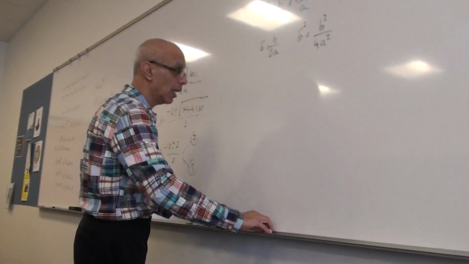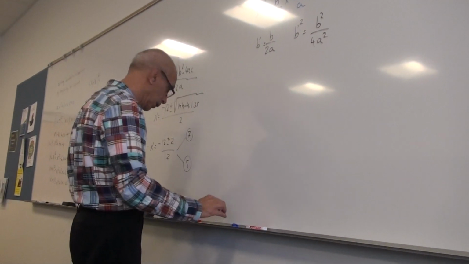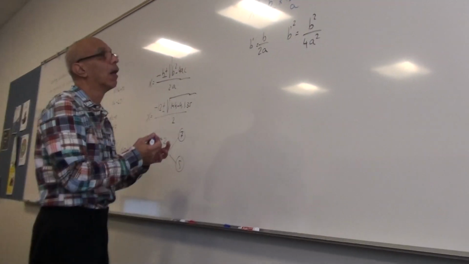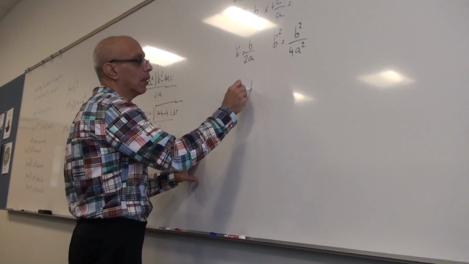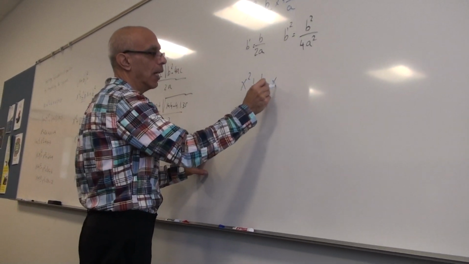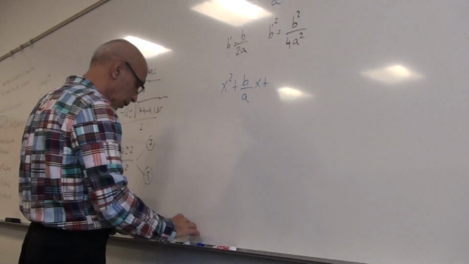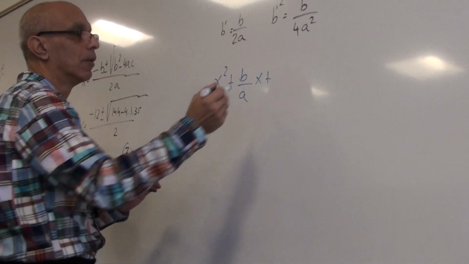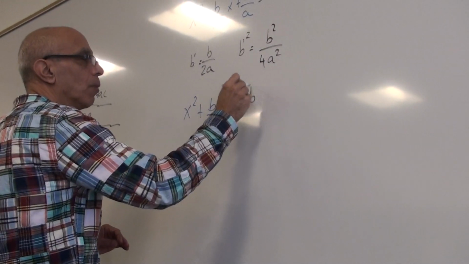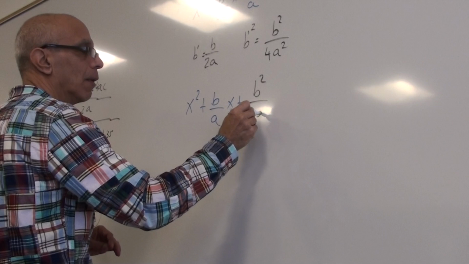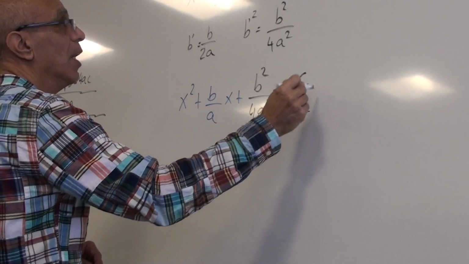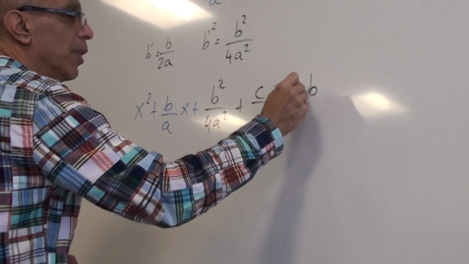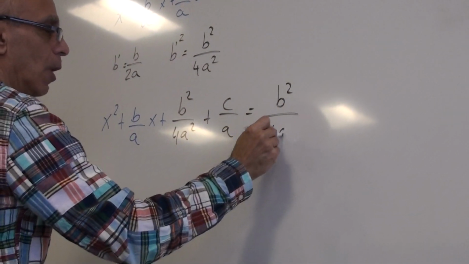Let's see. I'm going to have something like this. So x squared plus b over a x plus this guy, because I know this is what I need to complete the square, and then plus c over a equals b squared over 4a squared.